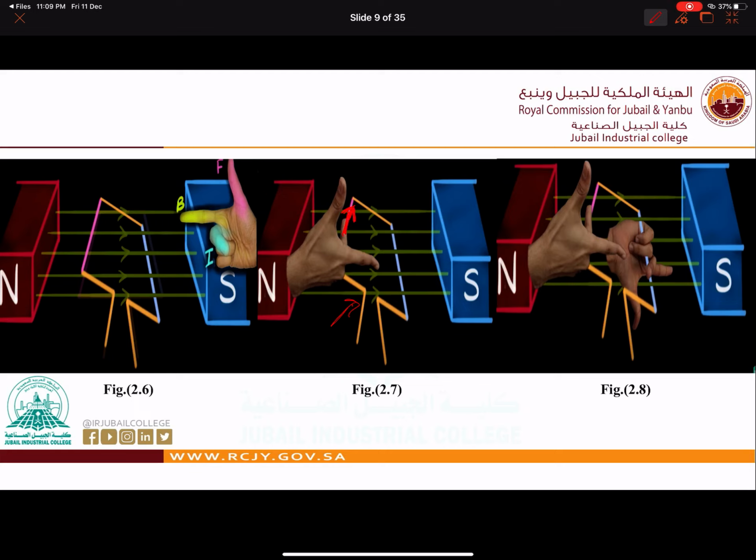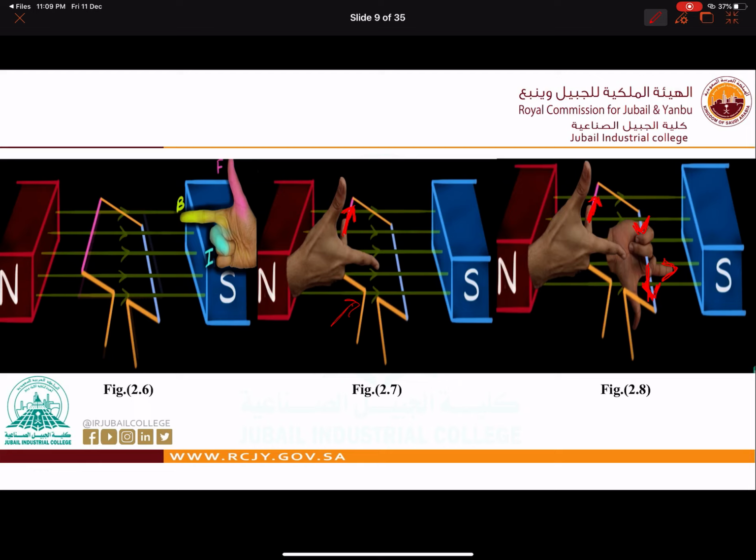As you can see here, the current now is like this for the pink wire. But for the blue wire, the current is going like this, because this is the middle finger, and this is the direction of the magnetic field.